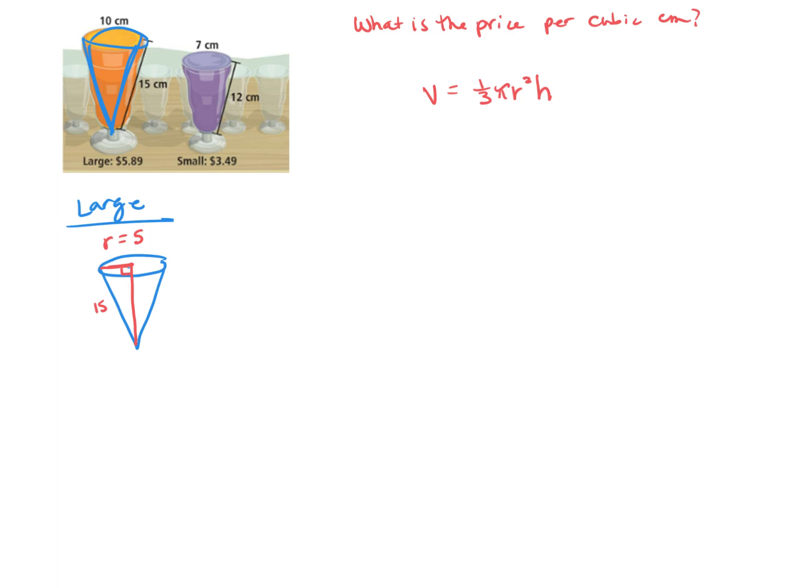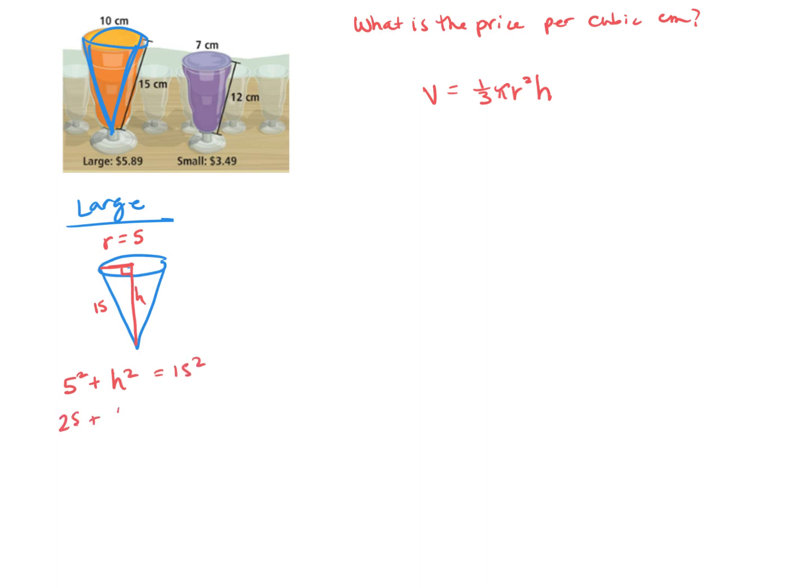So let's use Pythagorean theorem to find the height of this cone. So Pythagorean theorem, we would have 5 squared plus h squared, h is our height, equals 15 squared.